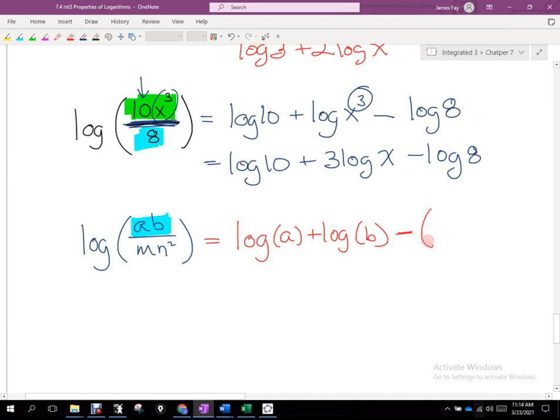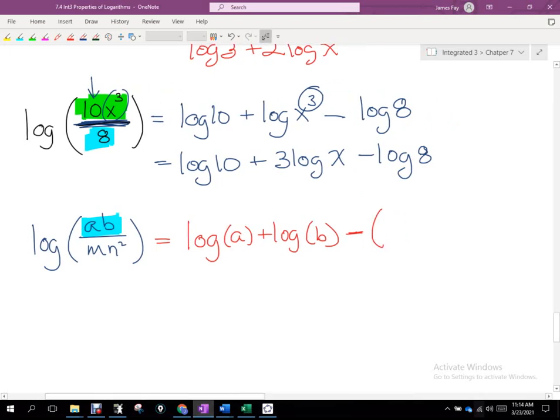Just going to open a parenthesis. And now, let's just deal with log of MN squared. So if it's a product, it turns into addition, right? So it's going to be log of M plus log of N squared. Is that okay with everybody?